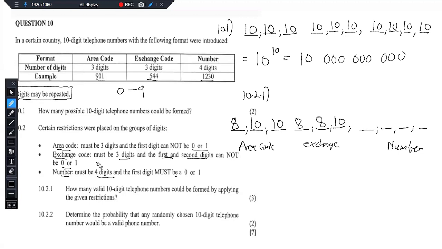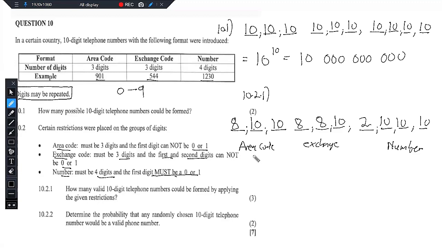Now for the number, they say it must be 4 digits, and the first digit must be either a 0 or 1. So we can only choose from 2 options for the first digit of the number. There is no restriction with the other 3 digits, so we can have 10, 10, 10. We can choose any number from the given digits.